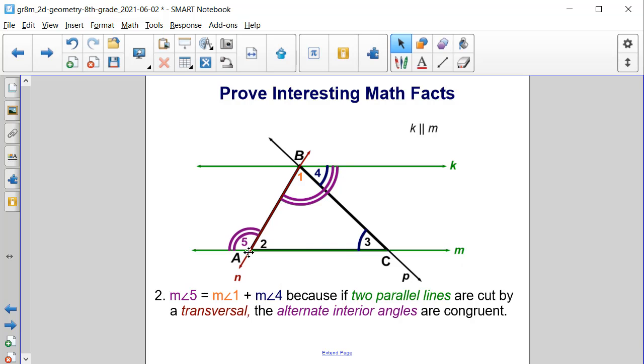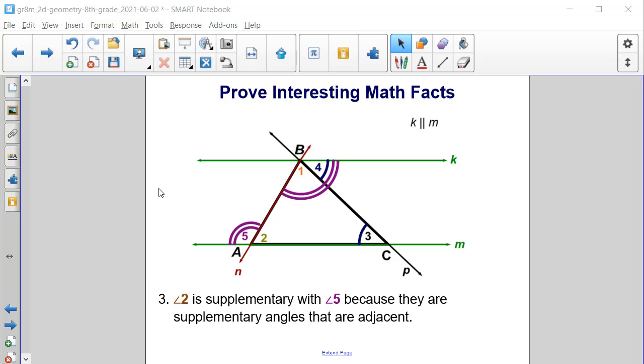Because we have two parallel lines cut by this transversal, line N, these two alternate interior angles are congruent. We also know that angle 2 is supplementary with angle 5 because they are supplementary angles that are adjacent to one another.